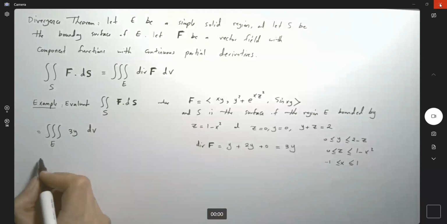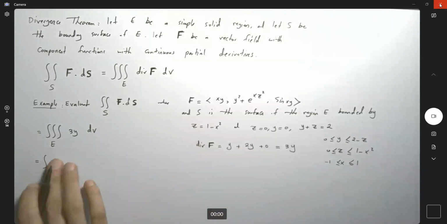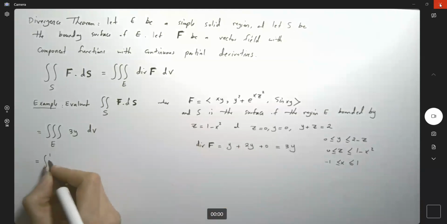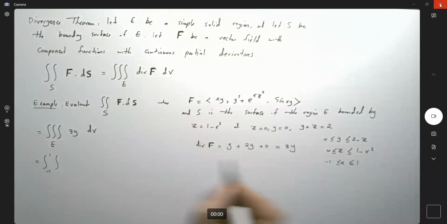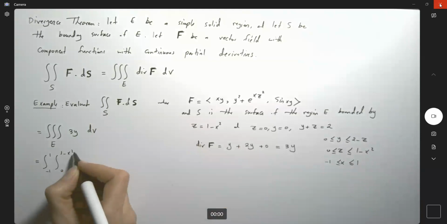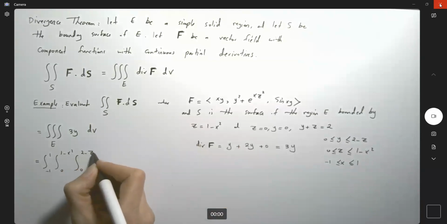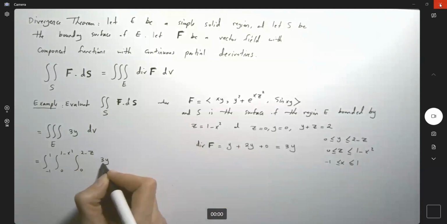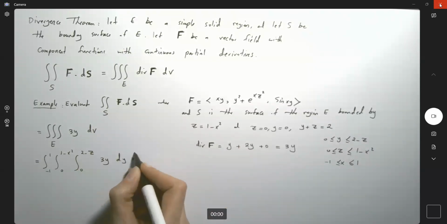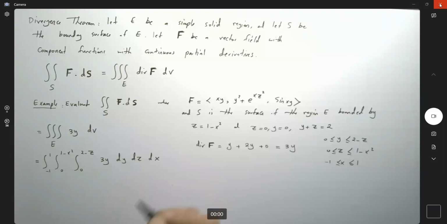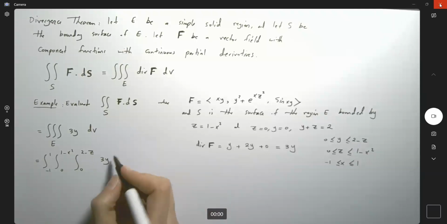So this is equal to the integral from negative 1 to 1, then the integral from 0 to 1 minus x squared, and here you have the integral from 0 to 2 minus z of 3y dy dz dx, which is easy to compute.